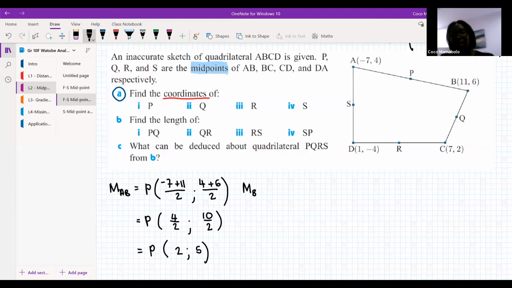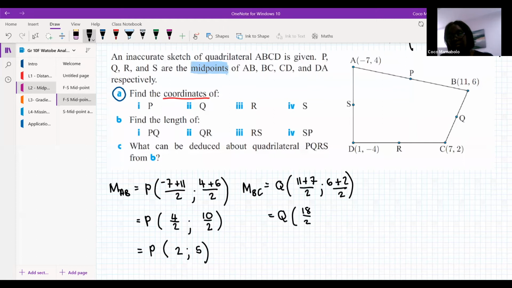The midpoint of BC, because that is Q. Awesome, Lonello.